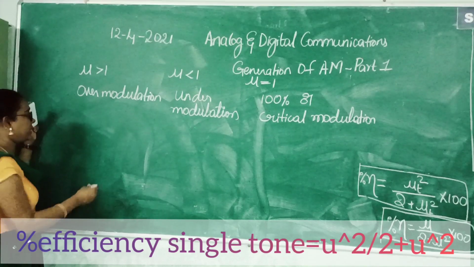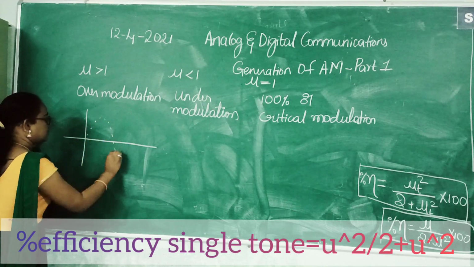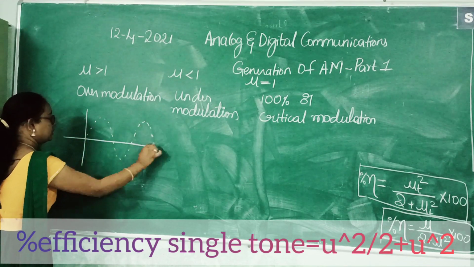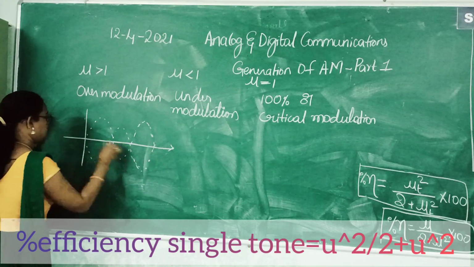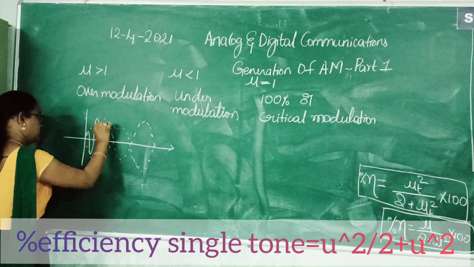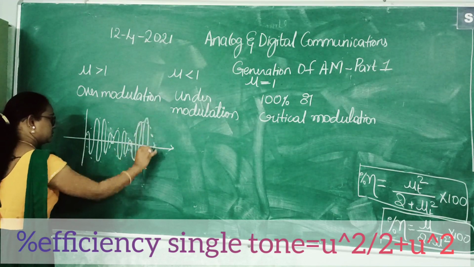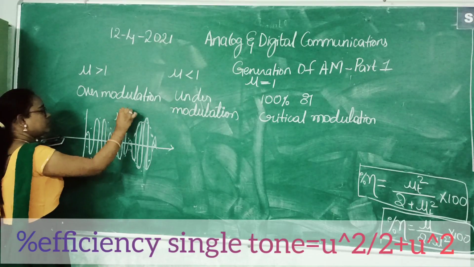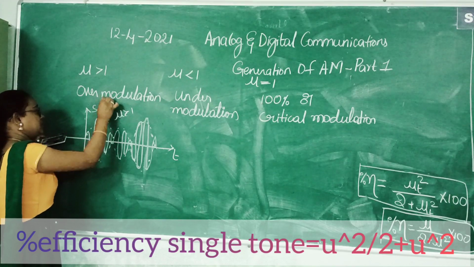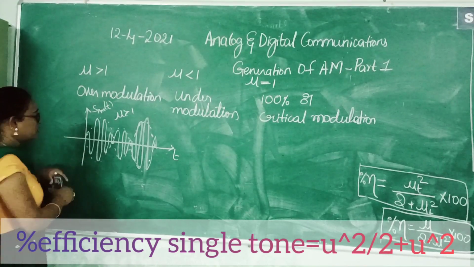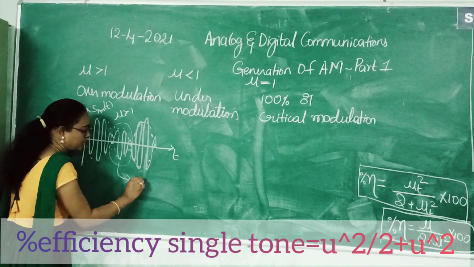The waveform appearance in the time domain for greater than 1 is like this. This is how the over modulation appears, for mu greater than 1. This is time and this is s_AM(t) for mu greater than 1. The effect in the middle portion is due to over modulation.